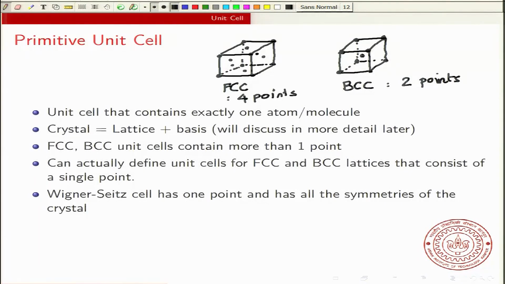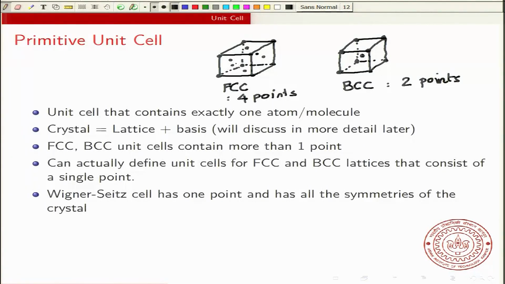Let me emphasize what you have already learnt in your high school: each of the corner points contributes 1/8 to this unit cell. So, you have 8 corner points, effectively 1 point per corner atom, and then each of the 6 face centers contributes half.